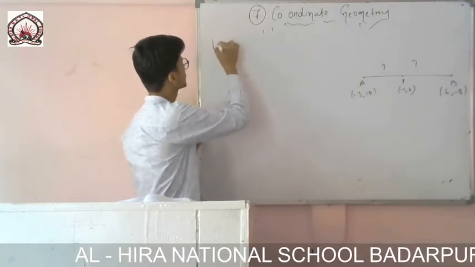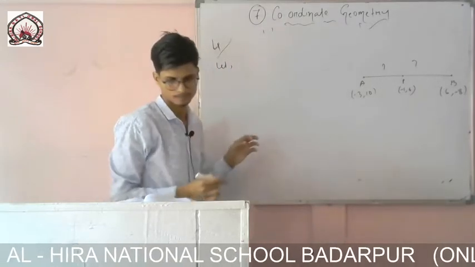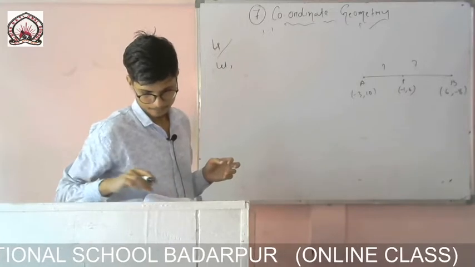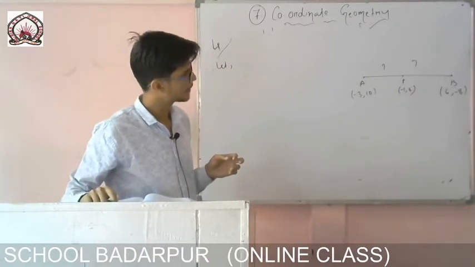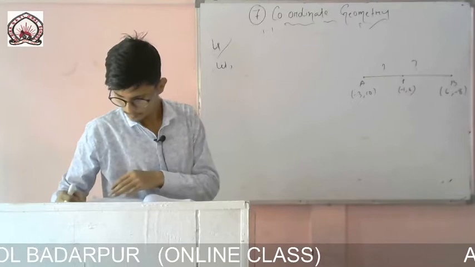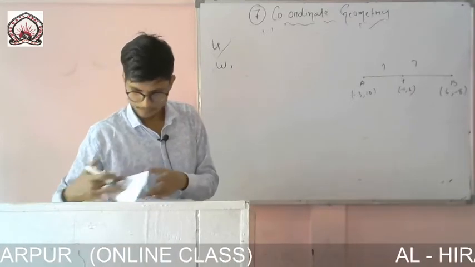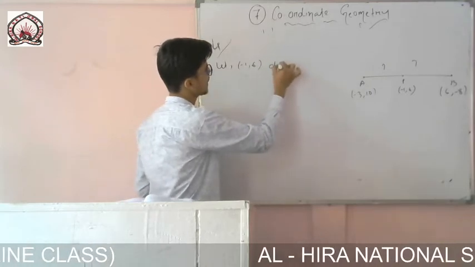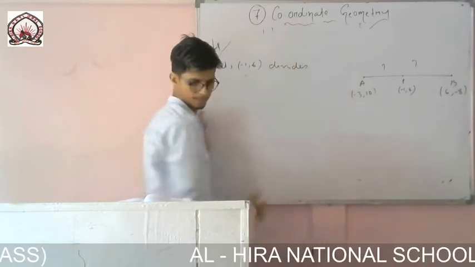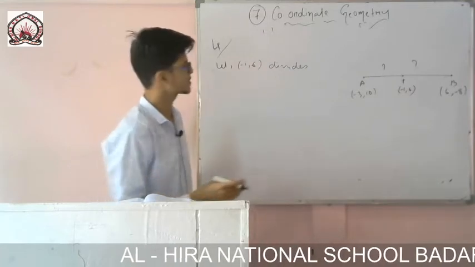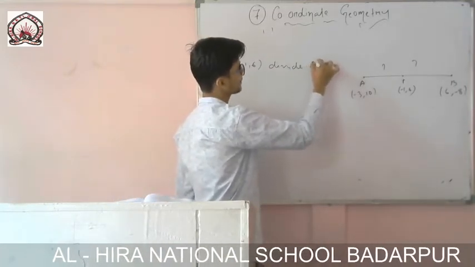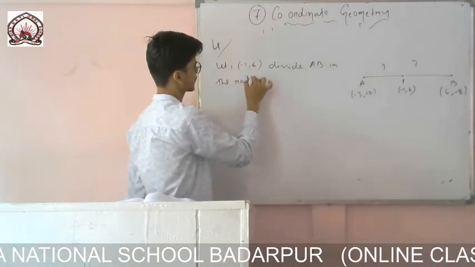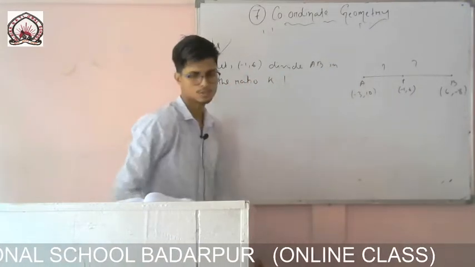So you write like this, let minus 1 comma 6 divide AB in the ratio k is to 1.